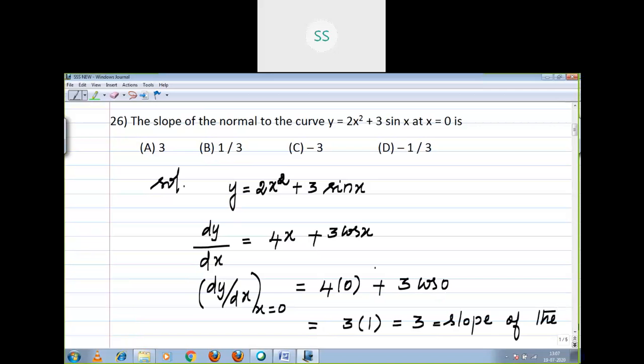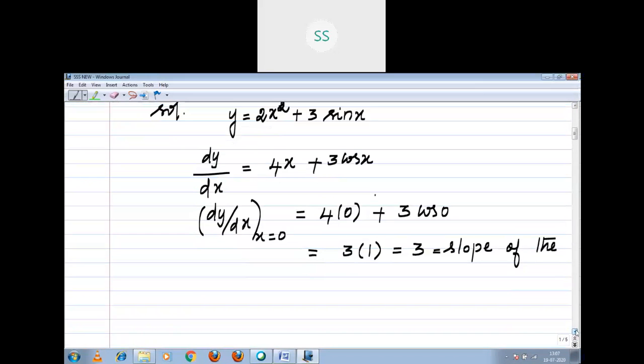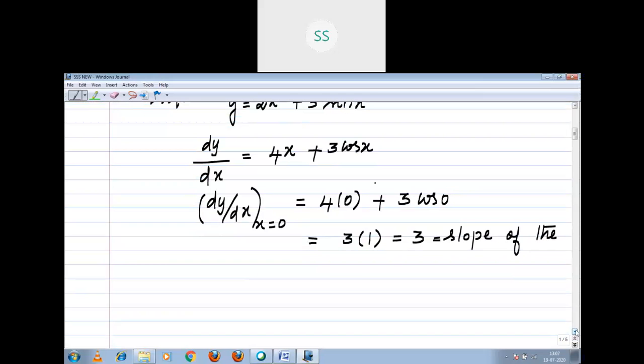When you find the slope of the tangent, it is easy to get the value of the slope of the normal. Already I discussed, right? What is the slope of the normal? Very good. The reciprocal of the slope of the tangent with the opposite sign.